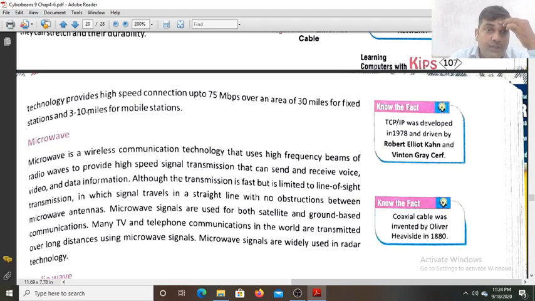Here 3 to 10 miles is there, so around 5 to 20 kilometers for the mobile stations which are moving. You will get the connection regularly.